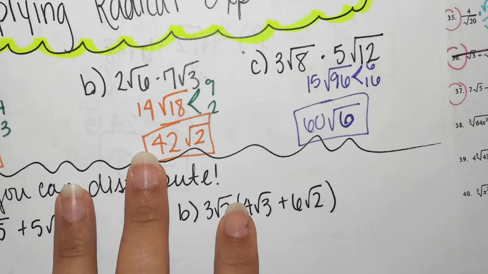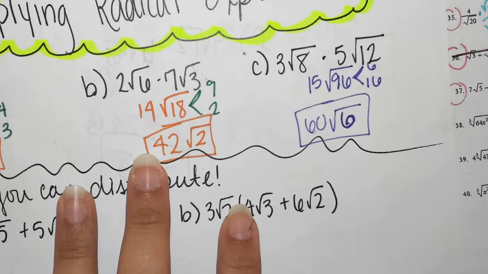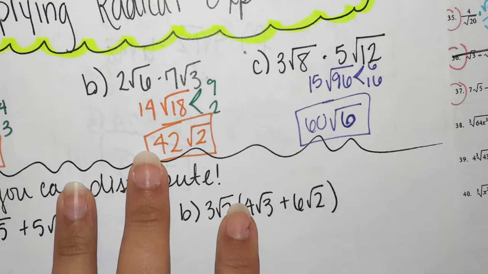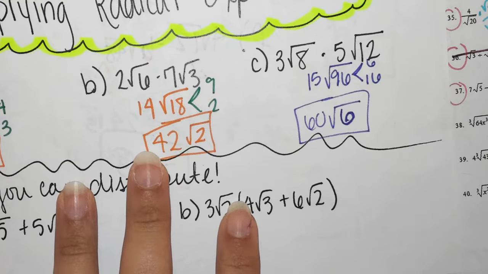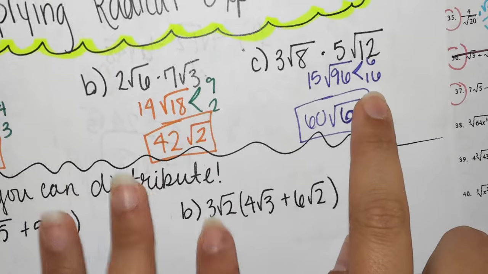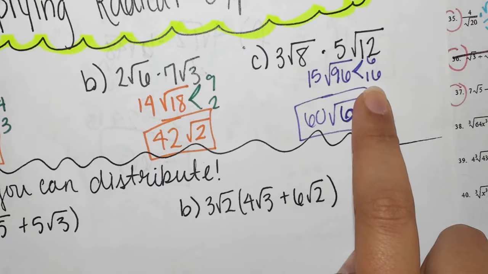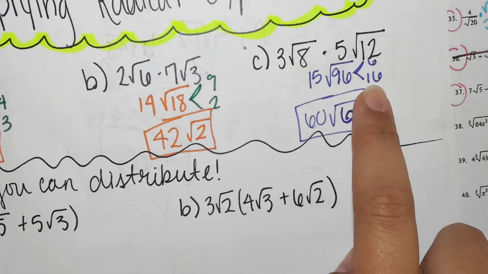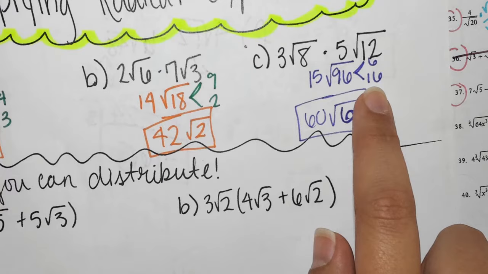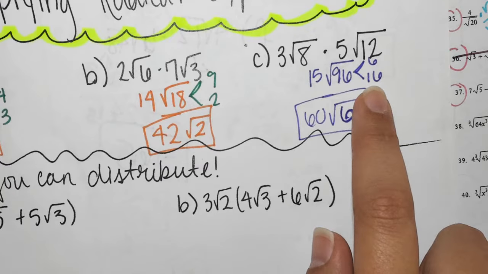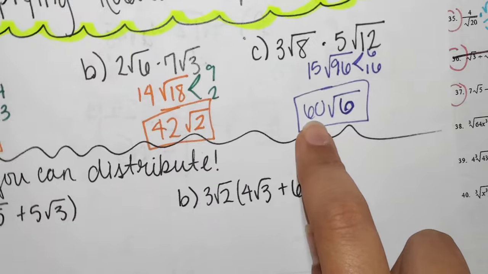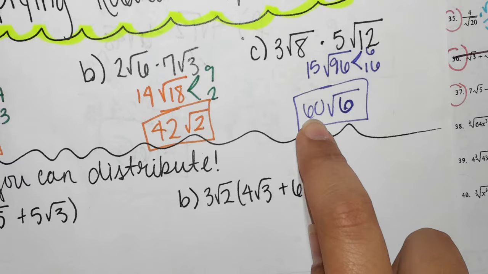Because the square root of 16 is 4, and 4 times 15 is 60. Do you see this number right here? You have to take the square root of it. What's the square root of 16? 4. Then you multiply 4 times 15 and you get 60. Oh my god, I get it.